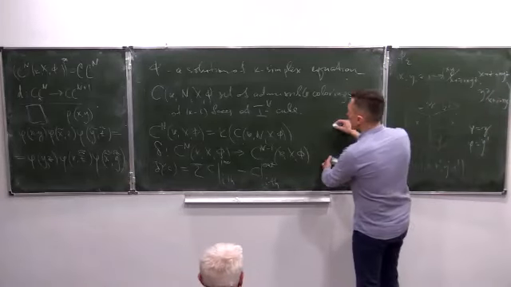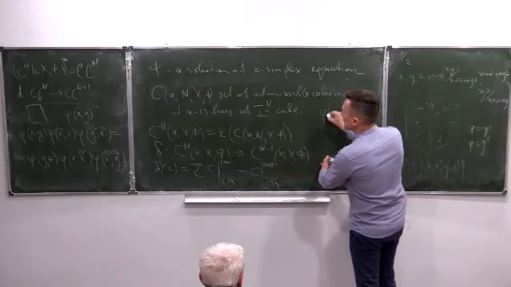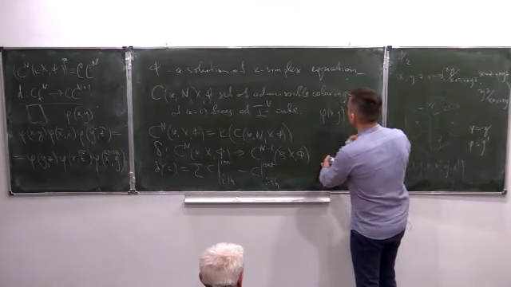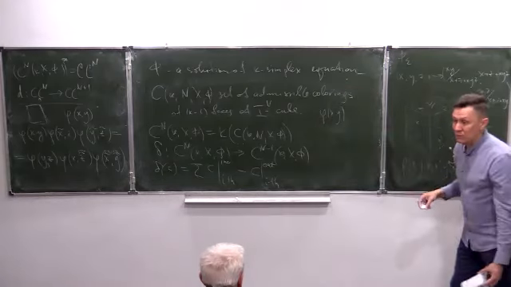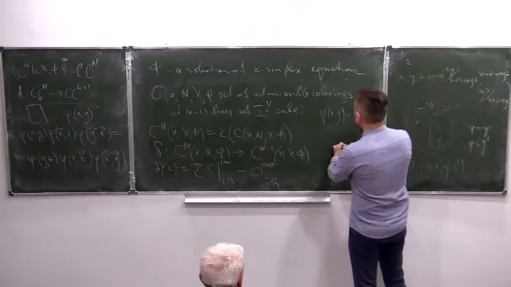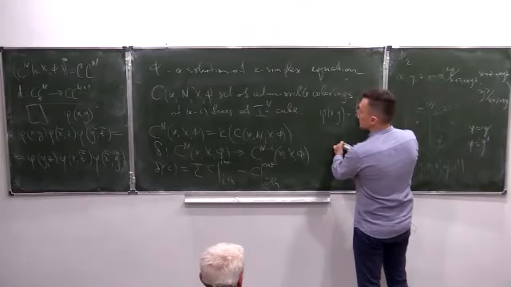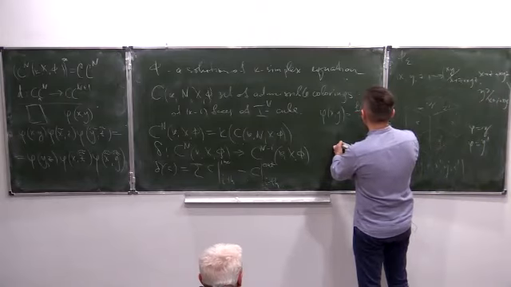I understood. So phi is a coboundary if it is a function from x, y, f x prime, f y prime, tilde, sorry.